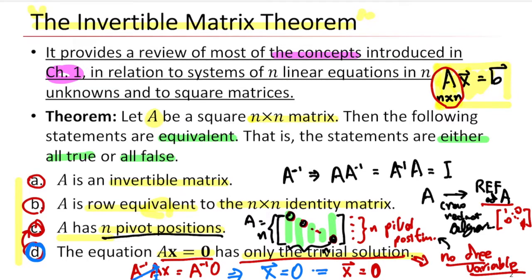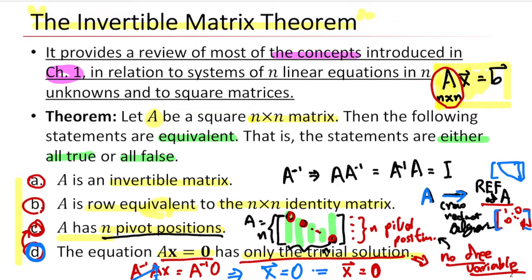Let's say matrix A has n pivot positions. Then what does it mean? This matrix A can be row reduced to the reduced echelon form.